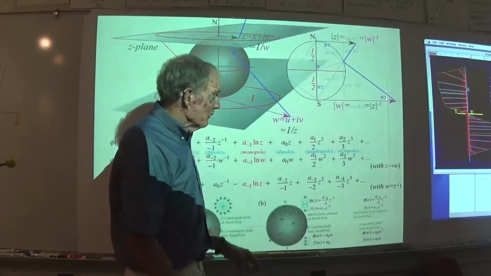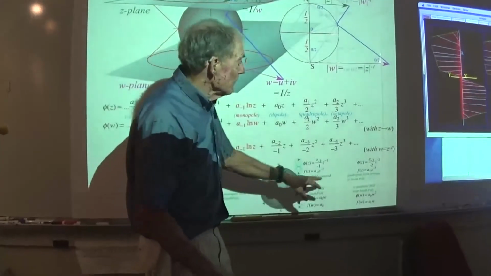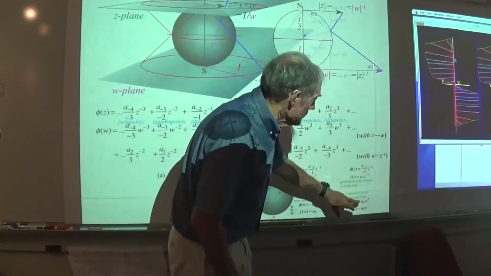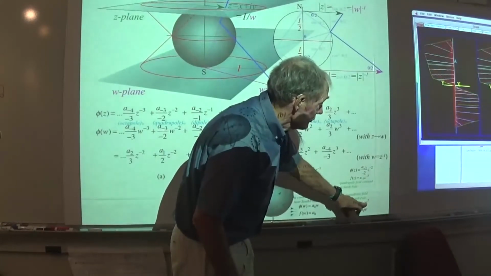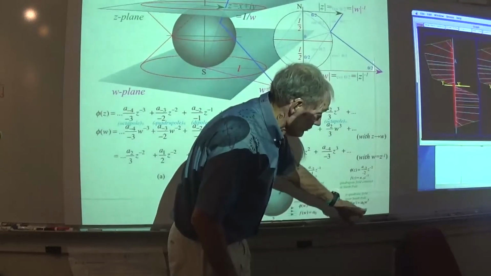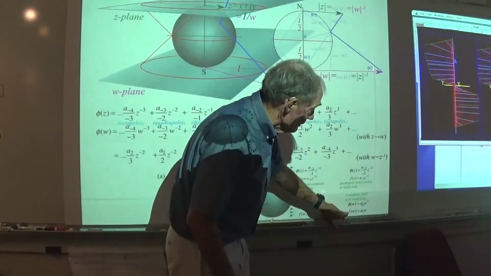Okay? So, a quadrupole field centered at the North Pole makes a quadratic field, that's the w squared if you're talking about the potential, or it's just w if you're talking about the force field.